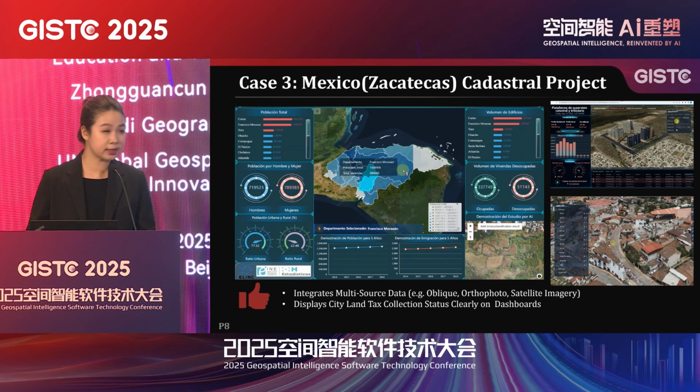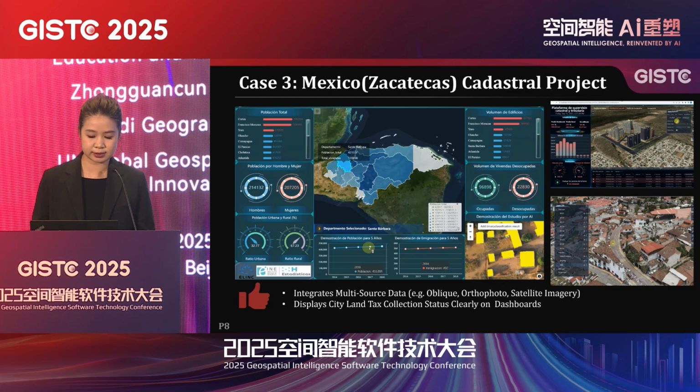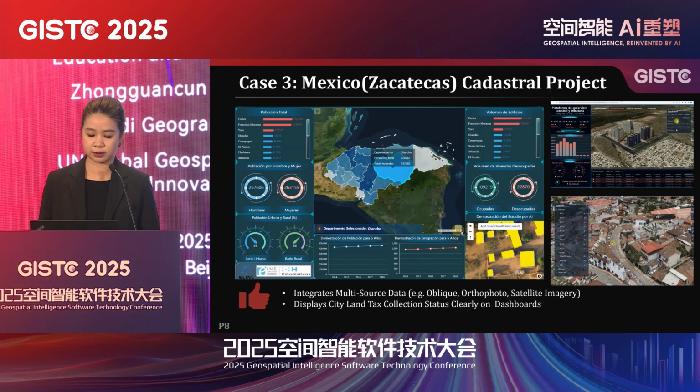Our work in Mexico highlights the power of data integration and intelligent analytics in cadastral management. The solution effectively integrates multi-source data, bringing together diverse data types, including oblique photography, orthophoto, and satellite imagery, to create a comprehensive cadastral picture. This holistic view is essential for accurate assessment.